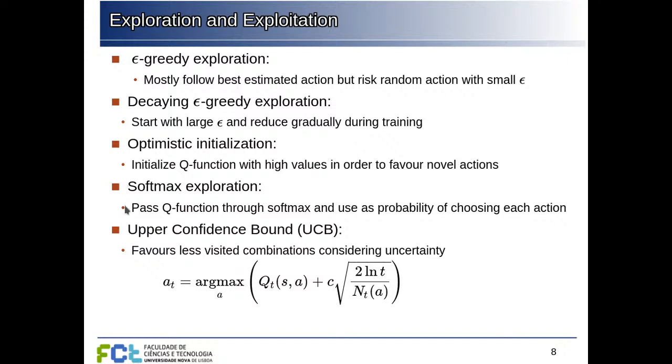Another approach is when we have our Q function that is telling us the expected return for each action in a particular state. Instead of just using the best action, the one with the largest Q value, we use those Q values in a softmax function and use that softmax as a probability. When you use softmax, the largest values will get the largest probability and the smallest ones the smaller probability.